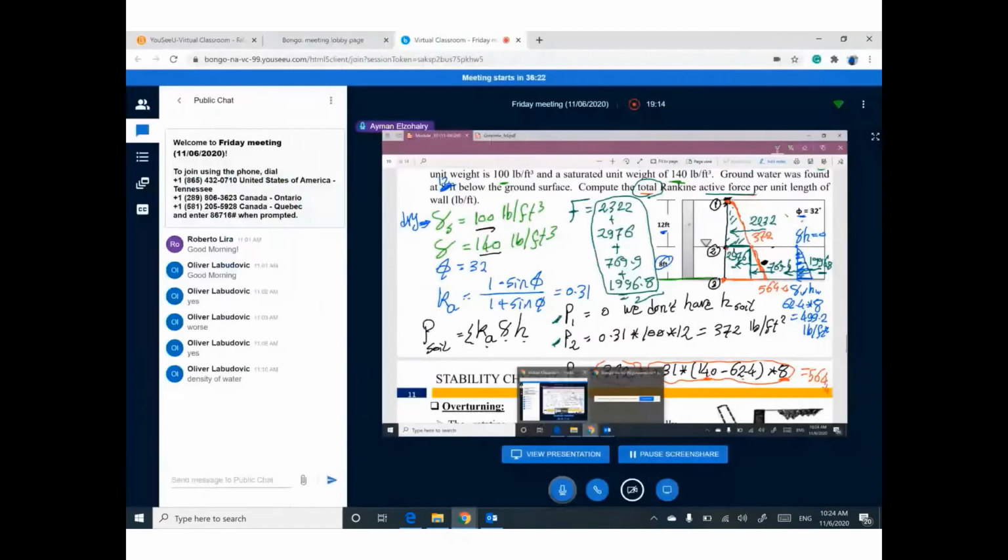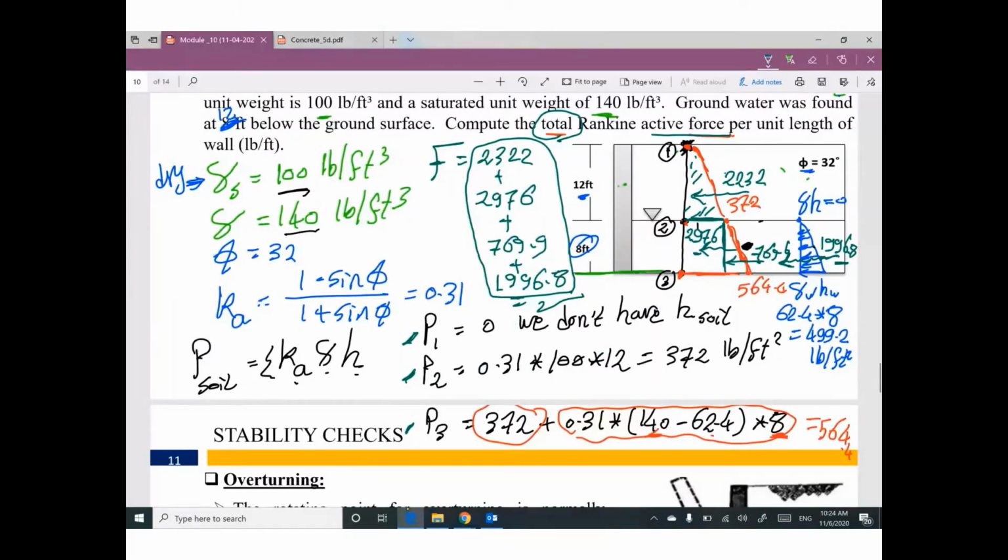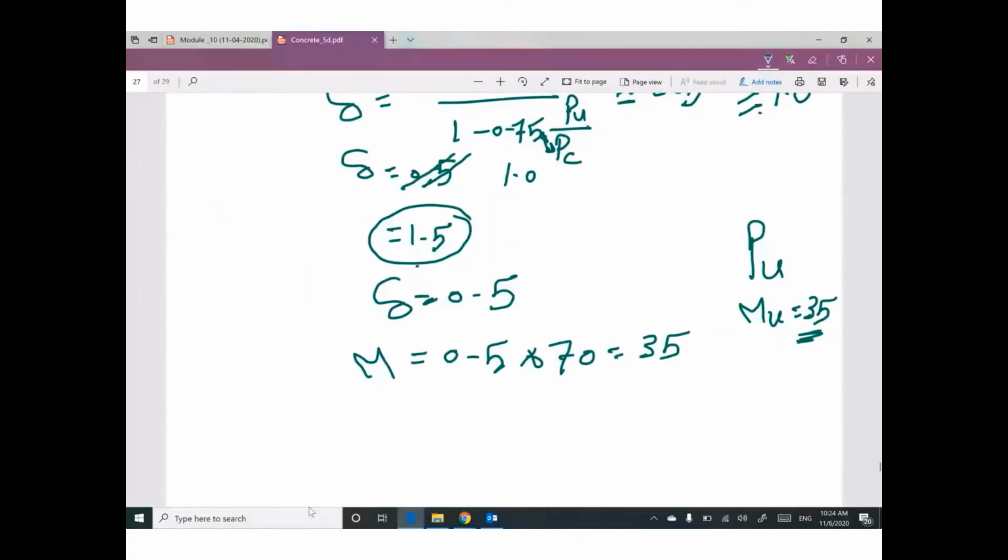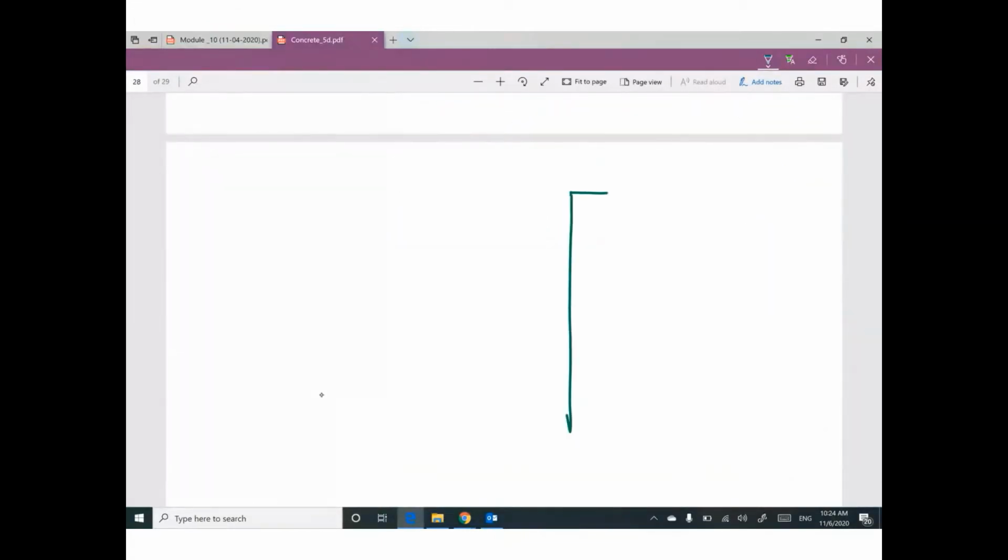Just a reminder, guys, we have a retaining wall like this. Here is the ground surface.